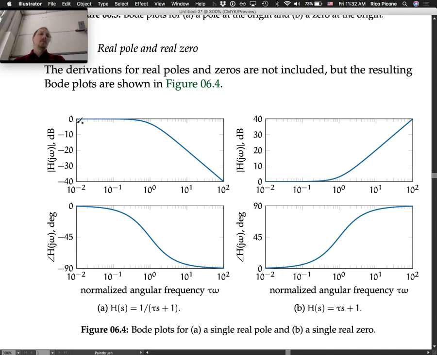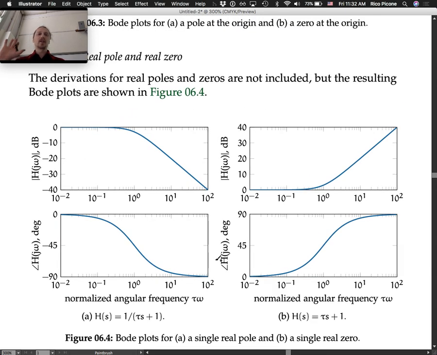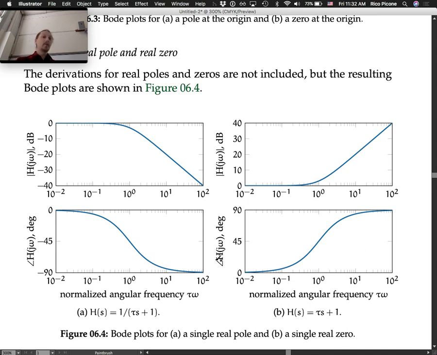But what's cool about this, the tricky thing that's happening here is I'm plotting one plot for a real pole and one plot for a real 0, right? So, one pair of plots. And this actually is true for all cases of the transfer function looking like this or like this.